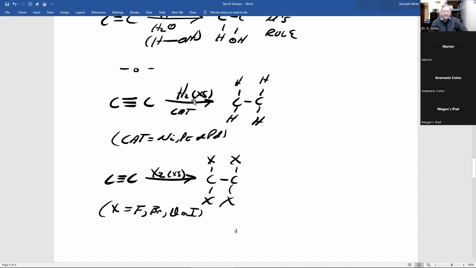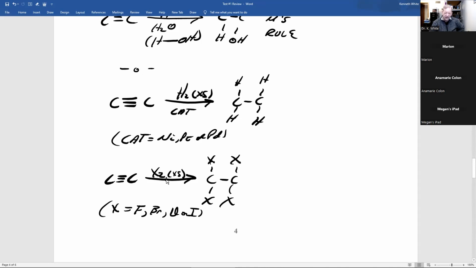That means excess hydrogen. Isn't that cute? I wonder who thought of that. It's really nice. It means you have all the hydrogen in the world, so anything hydrogen can react with, it will, the 2 pi bonds. And each carbon of the triple bond gets not 1, but 2 hydrogens.